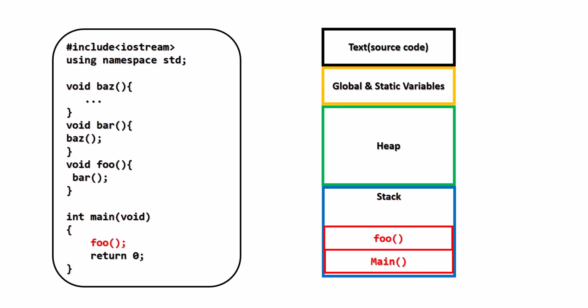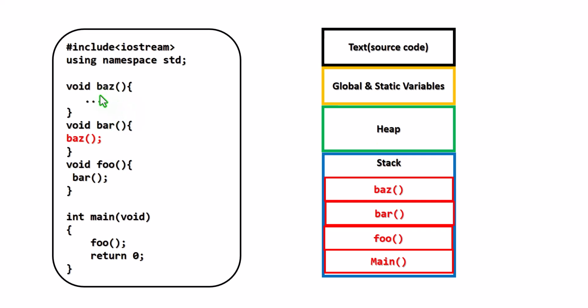So then foo is called, and then foo calls another function called bar. If you look at bar, what happens is that bar then calls base. This is another function. And the base function does not call any other function, but it has some code that will be executed. Once the base function finishes execution, the control gets back to the bar function, and the stack frame which was allocated to base will be automatically destroyed.